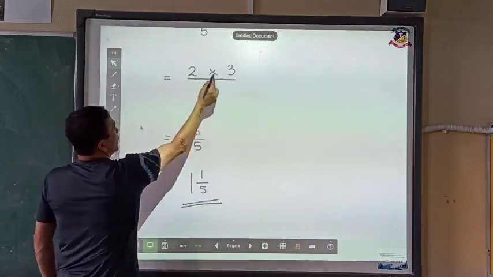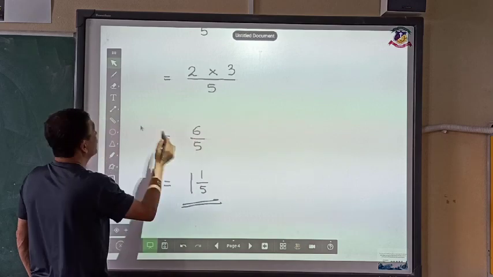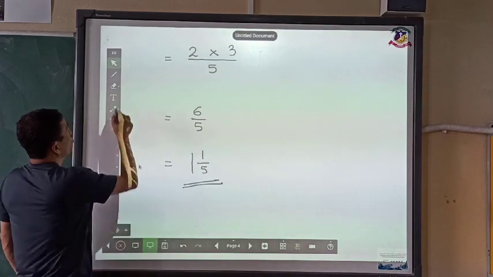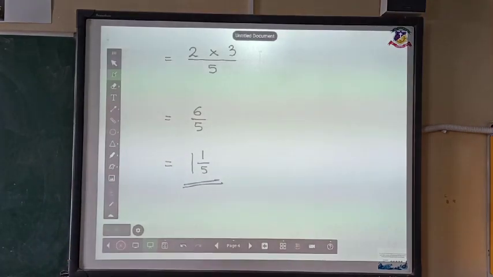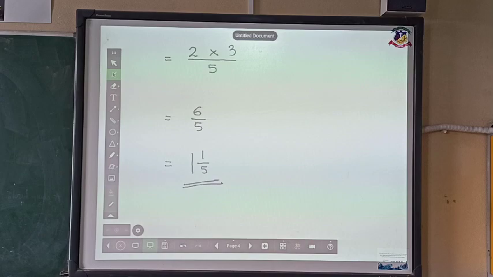So now we have 2 into 3, which is 6 upon 5. And that can be converted into a mixed fraction and I can write it as 1 and 1 by 5.